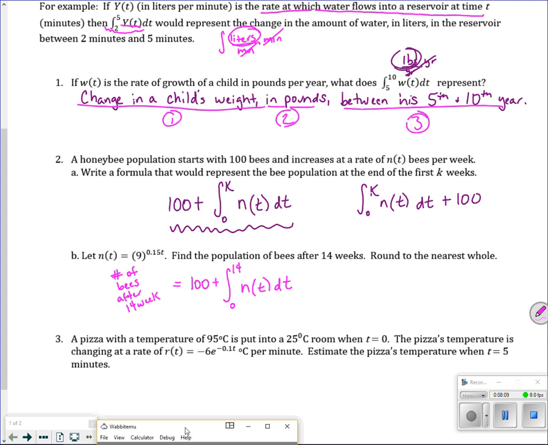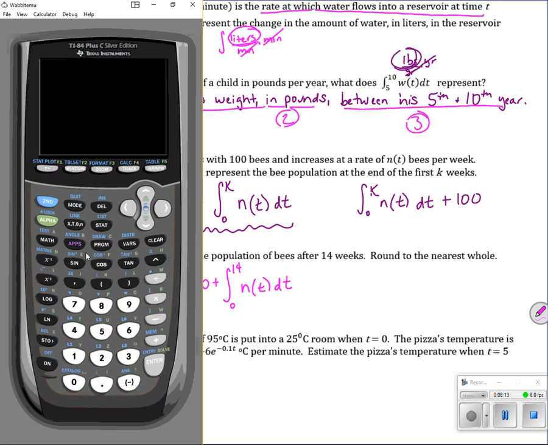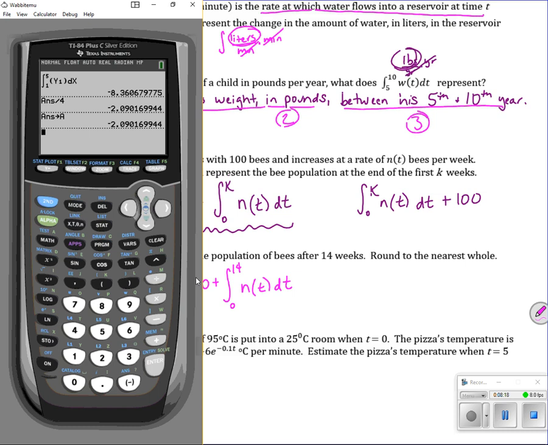So let me go to my calculator here, and I'm going to type it in. Normally I like to put it in Y1, since I know this is the only thing I'm doing with this problem, but I can do it into Math 9. I can have my calculator look exactly like my paper.